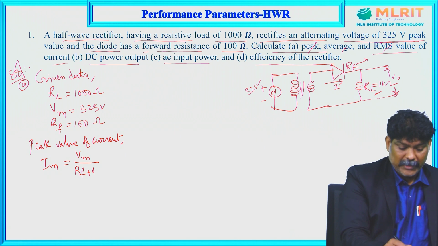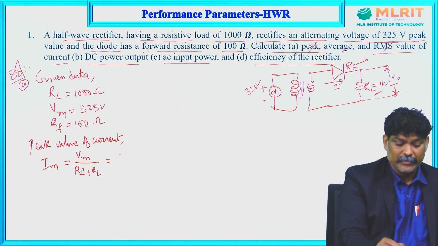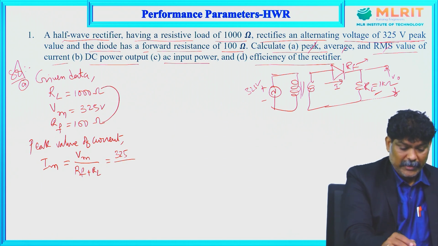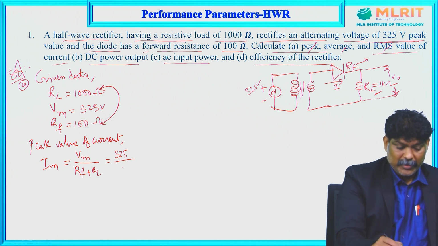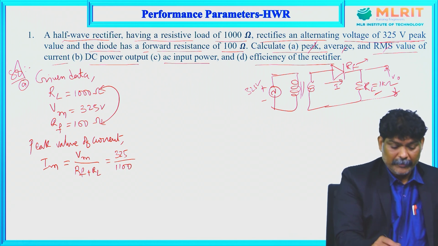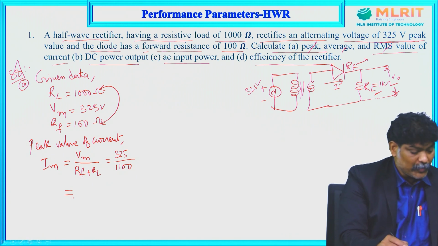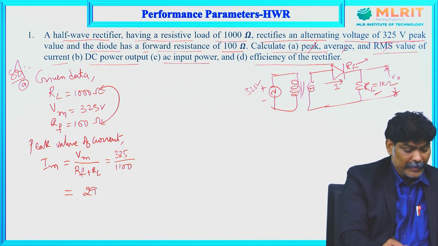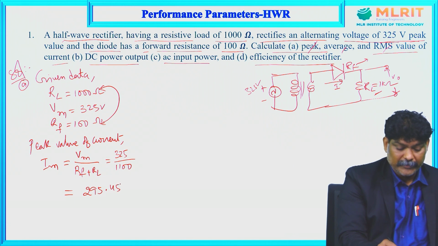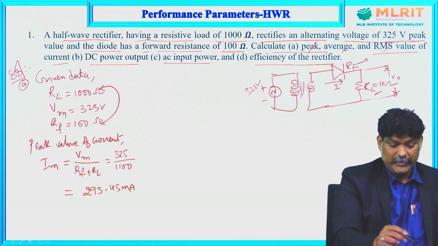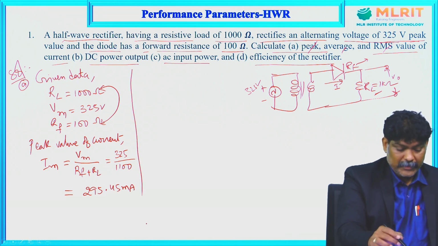Therefore, Vm is 325 upon RF plus RL, that is 1000 plus 100, so 1100. So 325 by 1100, which you will get approximately 295.45 milliamperes.